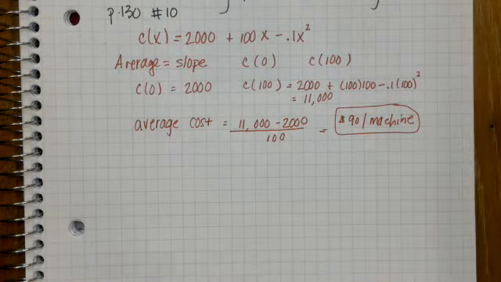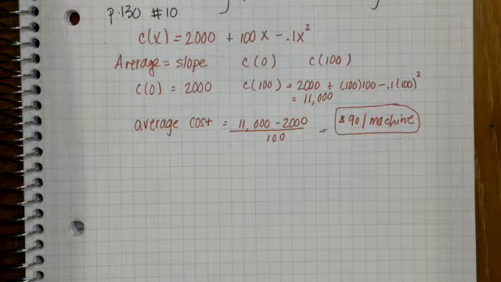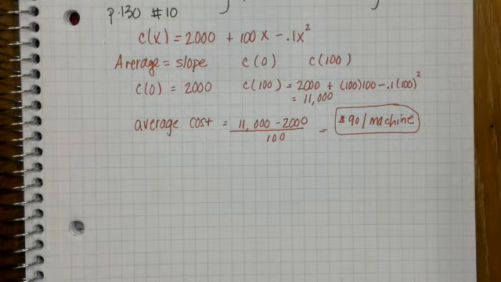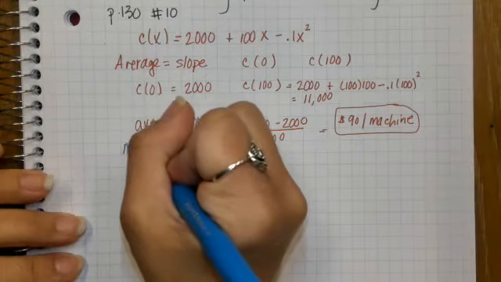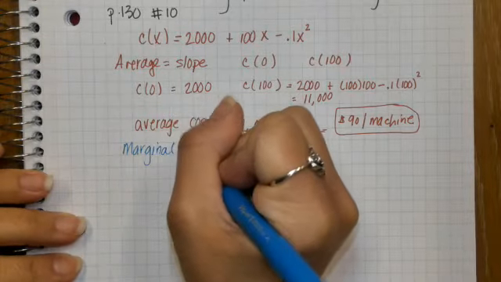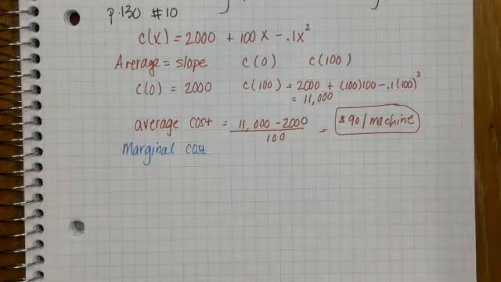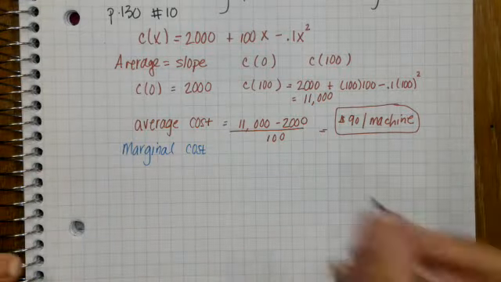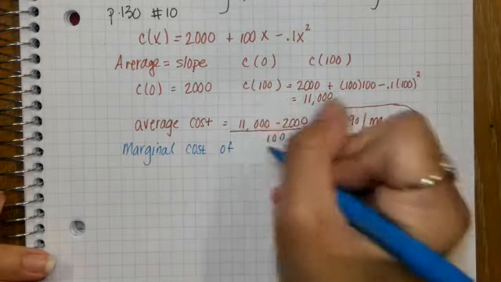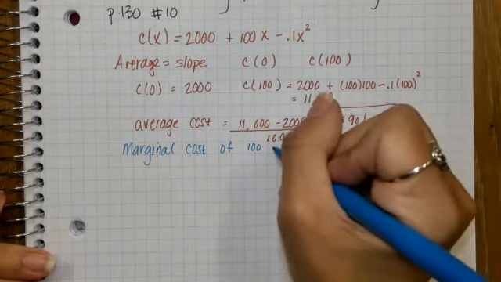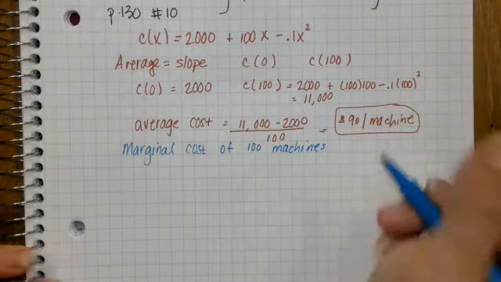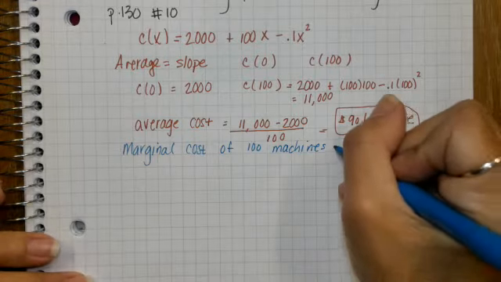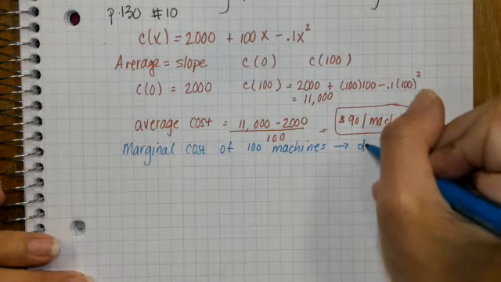Okay. But then it asks us, what's the marginal cost when 100 machines are produced? That's essentially asking you instantaneous. So when 100 machines are produced, it's likely not going to be $90. This is going to be the equivalent of the derivative.